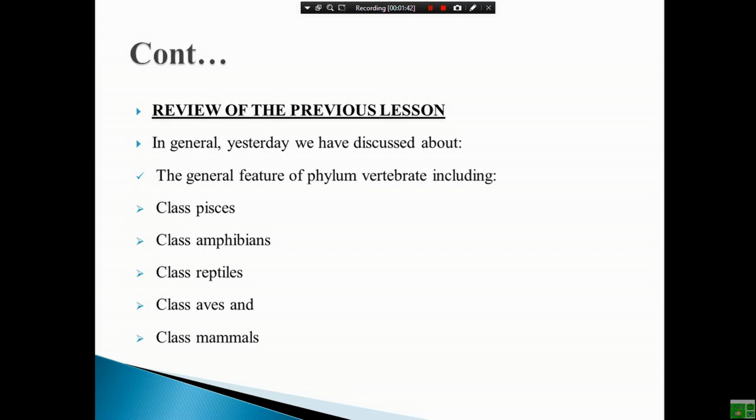They live in water except the lungfish, and they have a streamlined body with scales on their skin, and they use mainly gills for their gas exchange and have a lateral line system for hearing, and also fishes have fins for swimming.